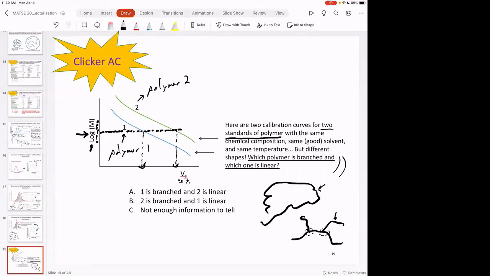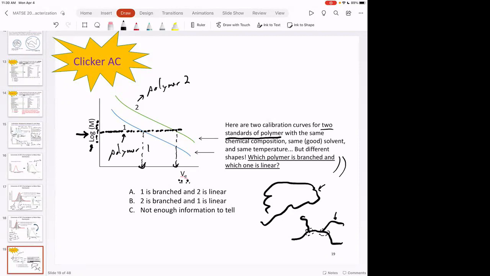And if we compare two curves, we can talk about which polymer is larger in solution versus which polymer is smaller in solution. So given curve 1 and curve 2 here, which one is larger in solution on a relative basis? So at a given molecular weight, this is not a clicker question, you don't have to worry about that.